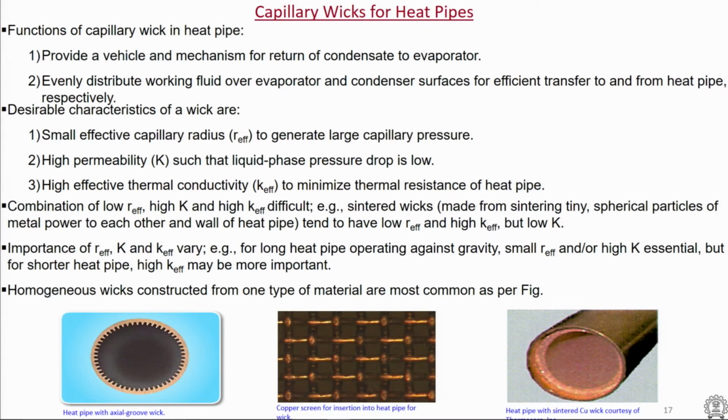The wicks, there are many different types of wicks. The simplest of all is providing a groove. These grooves are like micro channels. The radius of the groove is the capillary radius of the heat pipe. So, you can easily calculate the capillary pressure that can be enabled from this.